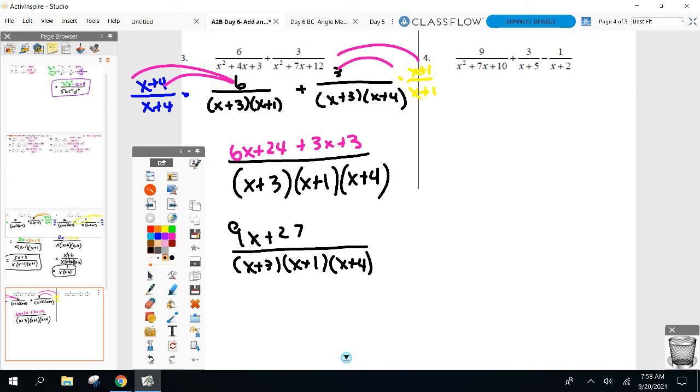And final thing though, got to keep going. You could take out a GCF on top. 9 spot. Everyone all right here so far? Because I'm going to still cross something out here at the end. 9. So I'm left with x plus 3.